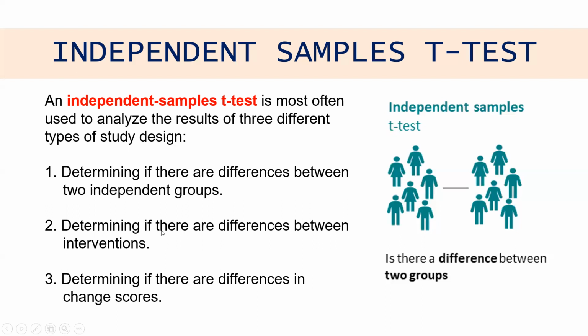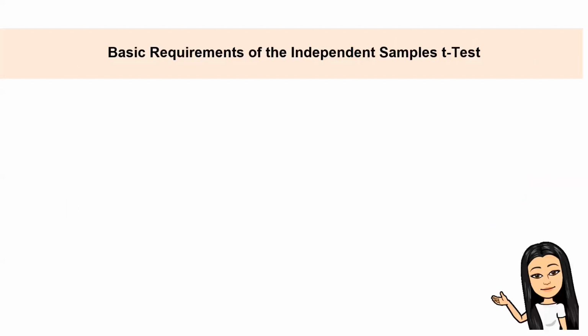If you would like also to determine if there are differences between interventions, for example, if one group is your control group and the other group is your experimental group, so you noted their test results, who performs better, the control group or the experimental group? Since there are only two groups involved, then the independent samples t-test can be used, or if there are differences in change scores.